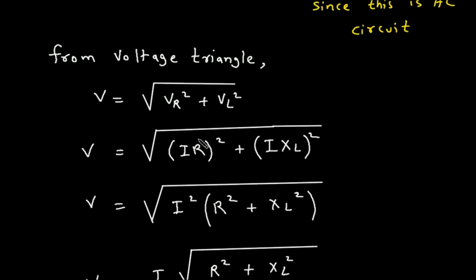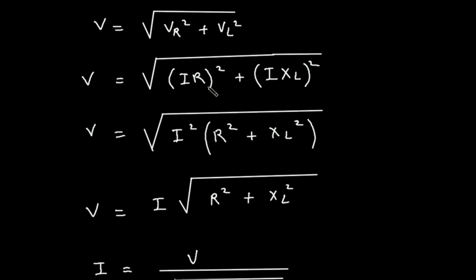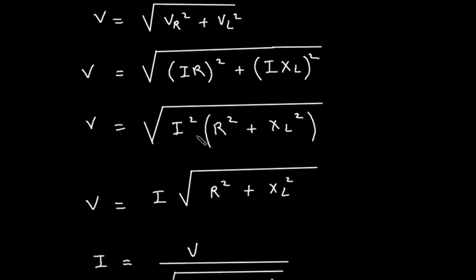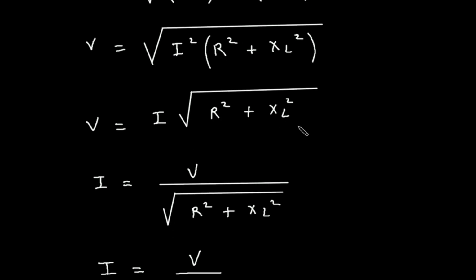V is equal to under root of (I into R) square plus (I into XL) square. Now if we take I square common, and take this I square out of the under root, this will be I. So V is equal to I into under root of R square plus XL square.